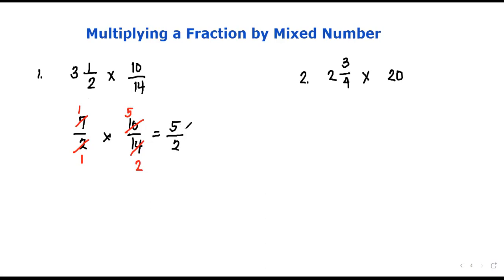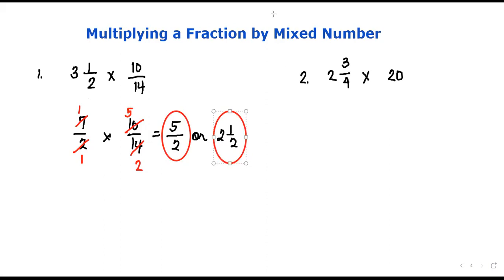Your product is an improper fraction, so you may convert it to a mixed number, which is equal to 2 and 1/2. Both of these are acceptable as our final answer. So you may encircle or box your final answer.